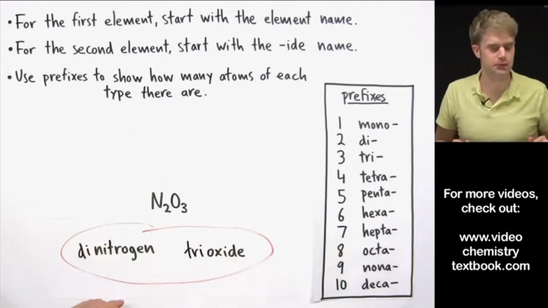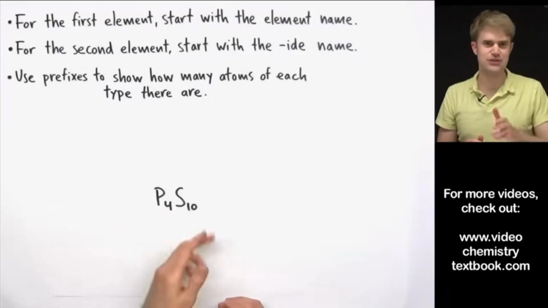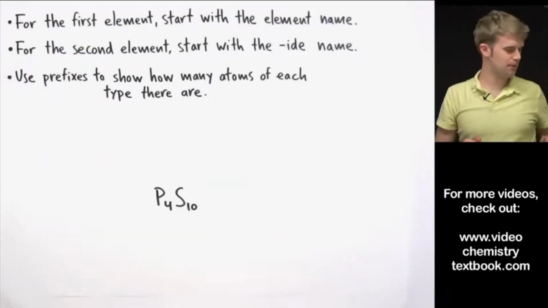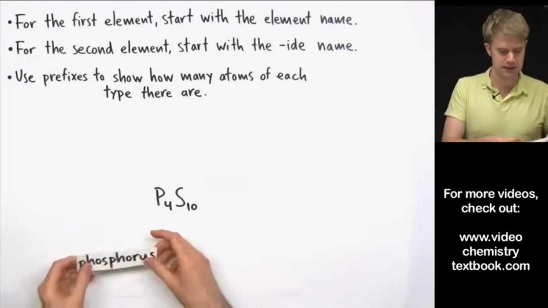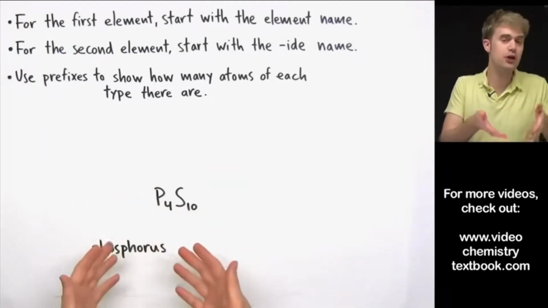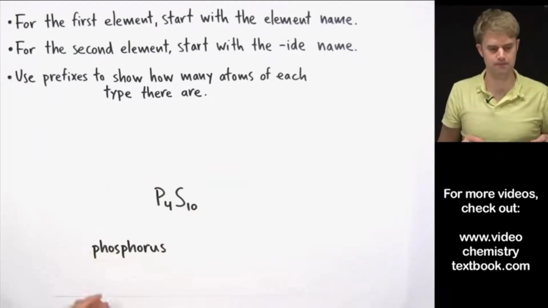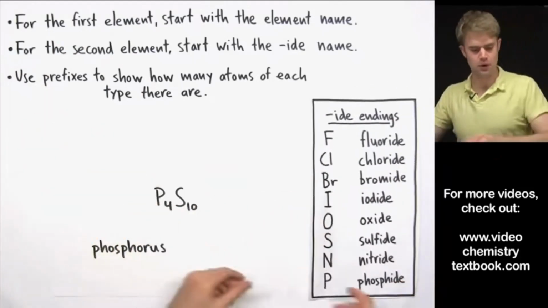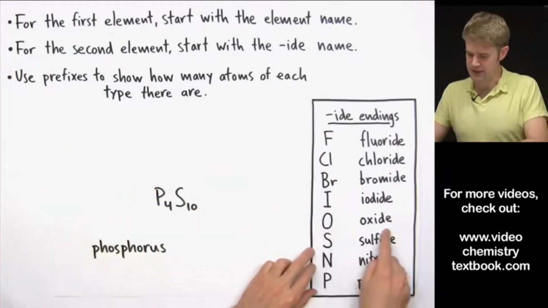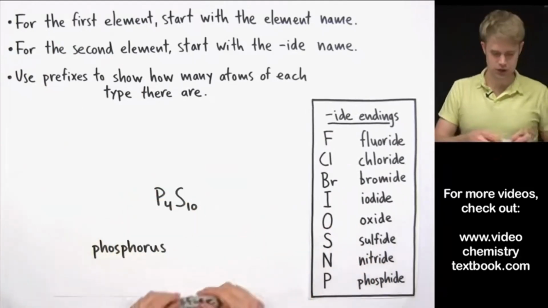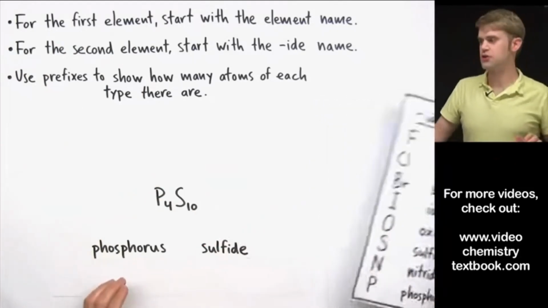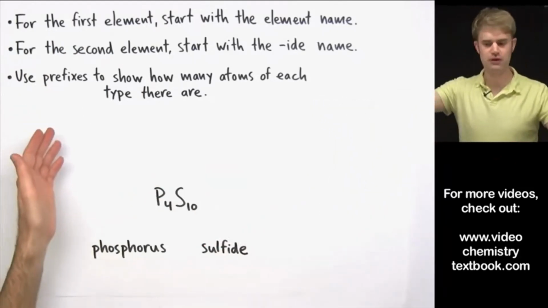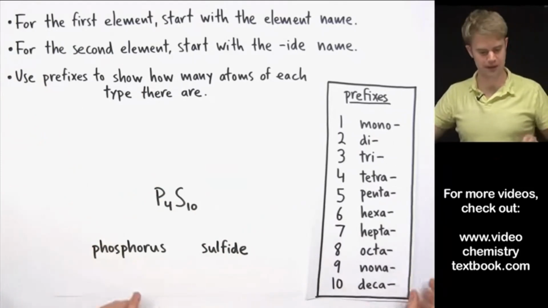Let's look at a few more examples. P4S10. Okay, for the first element, we'll start with the element name. P is phosphorus. If you didn't know that, you could look it up on the periodic table. For the second element, that's S here, start with the IDE name. So S is sulfur, and its IDE name is sulfide. Okay, so those are the 2 names. Now we're going to use prefixes to show how many atoms of each type we have.